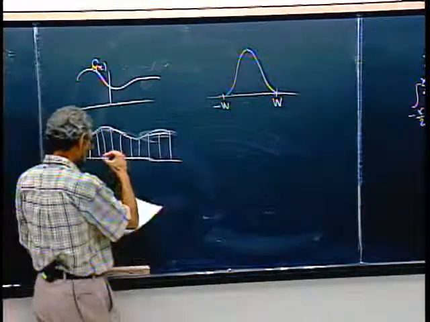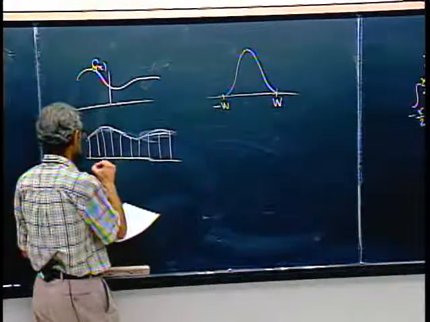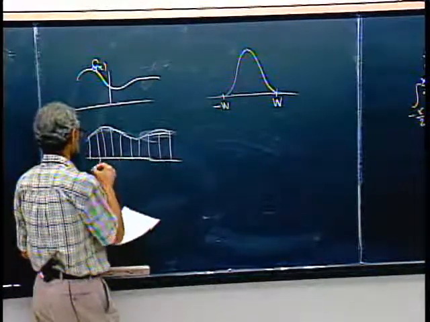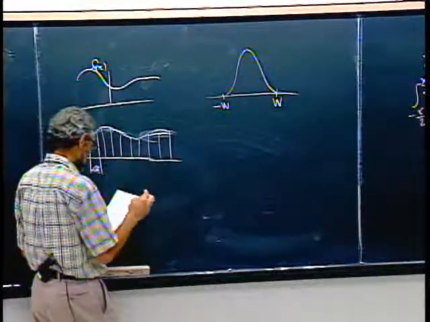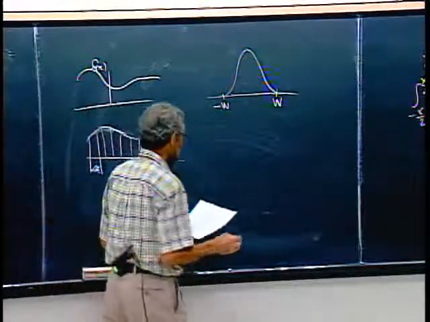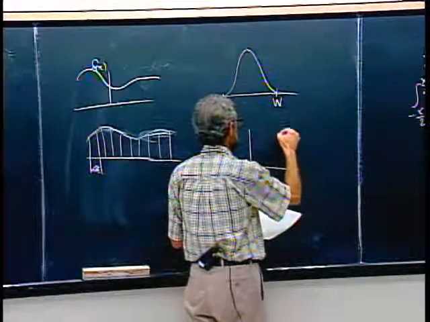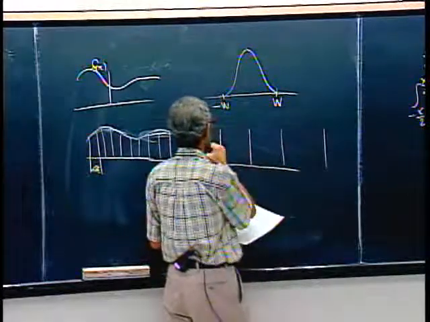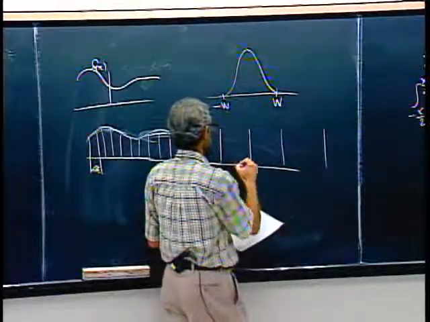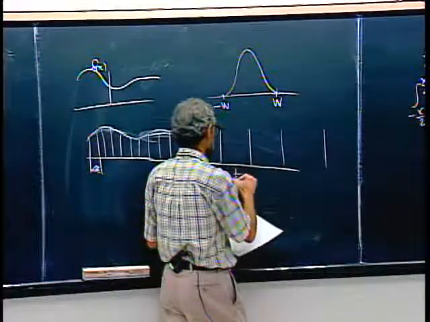And this spacing is going to be delta x. And then that means the Fourier transform of that has spacing 1 over delta x. So this spacing is 1 over delta x.